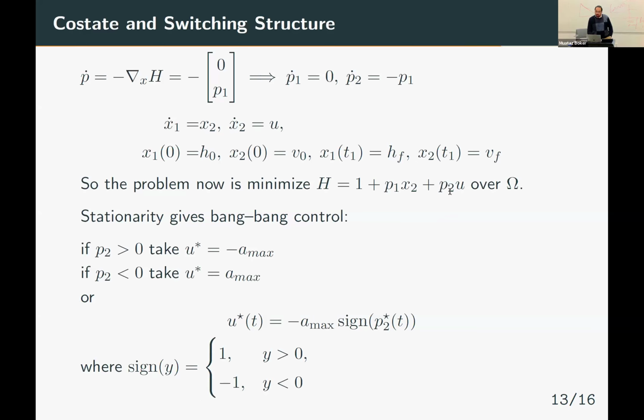So when P2 is positive, take u star as minus A max. If P2 is negative, then take u star as A max. So there is a switching that needs to happen, and it happens at P2 equal to 0.